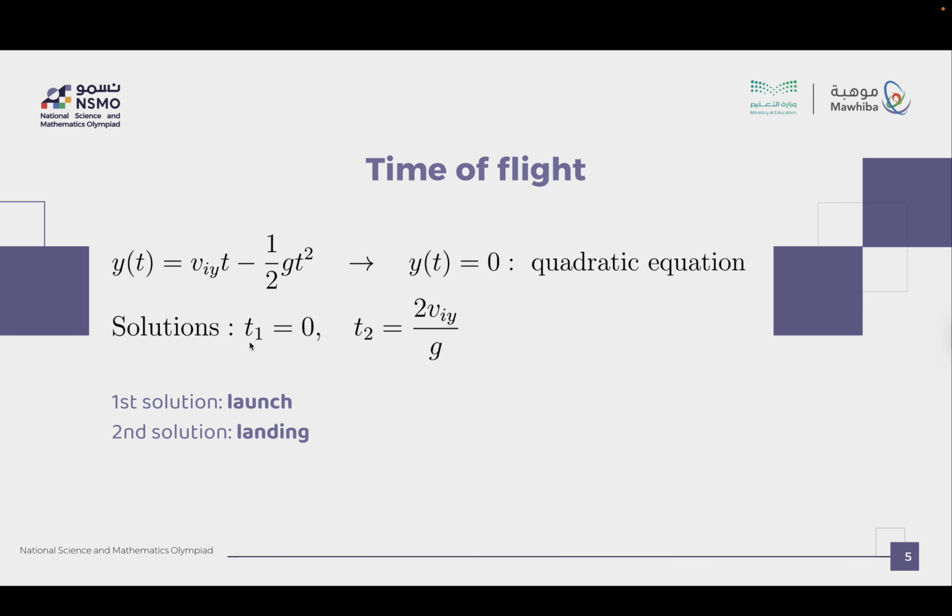The first solution is t1 equals 0, which of course just corresponds to the time of the launch. The second solution is t2 equals 2Viy over g. This will correspond to the time of landing. So if we start the projectile from the ground level, y equals 0, and it ends its movement at the same level, then this is the formula to calculate the total time of the flight: 2Viy over g.